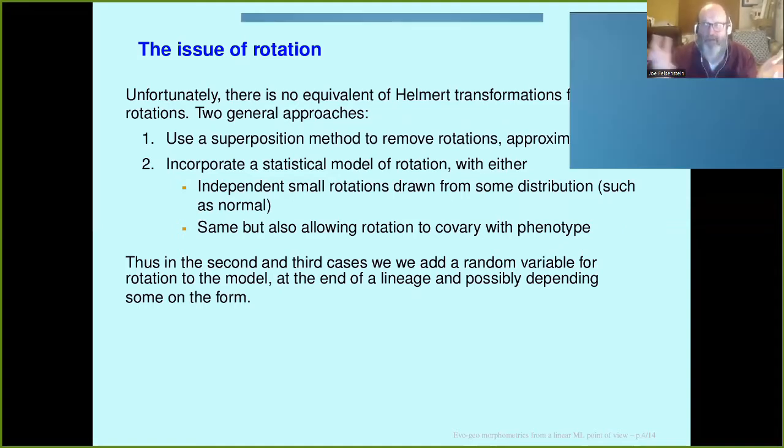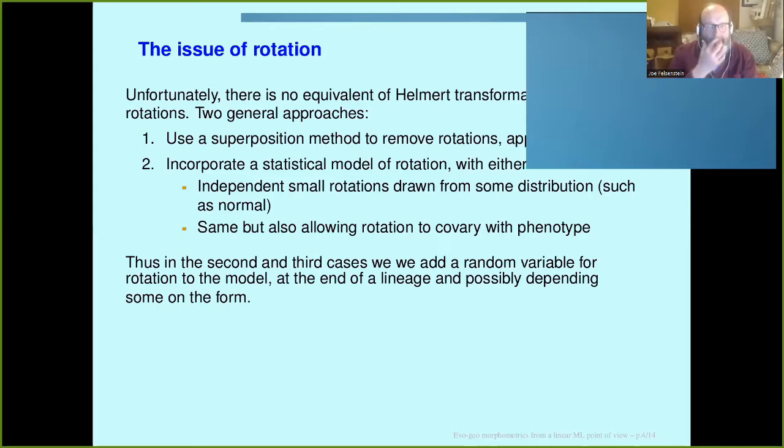And there is the generalized Procrustes analysis, which doesn't quite do that. But what I'm going to do is try to incorporate rotation into the model.